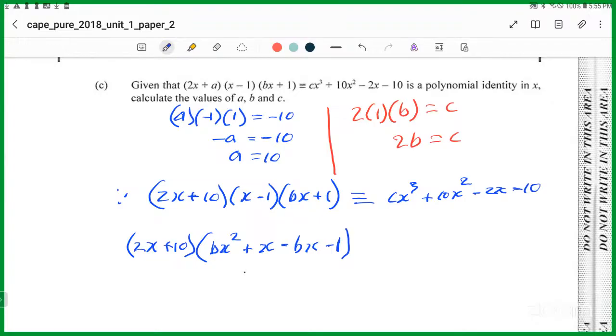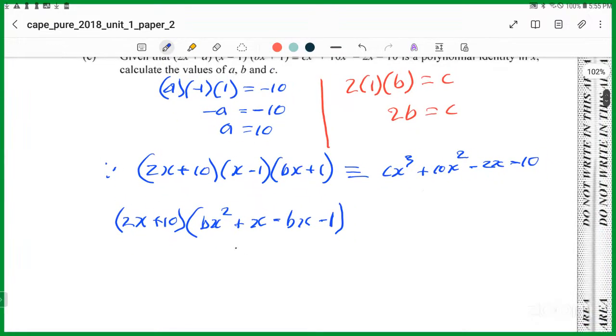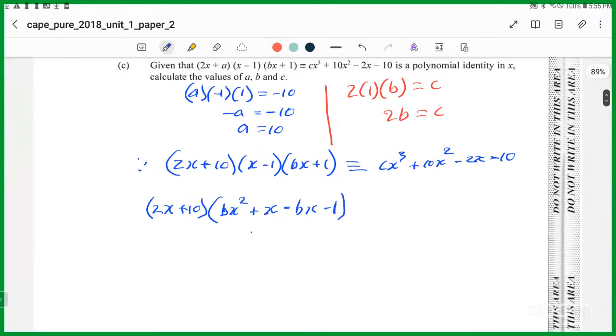Alright, and then we're going to expand this part now. So we're going to take each of these and multiply this over here. So using the 2x first, the 2x times this is going to give us 2bx squared. And the 2x times this is going to give me plus 2x squared.